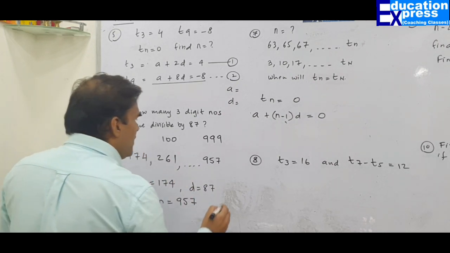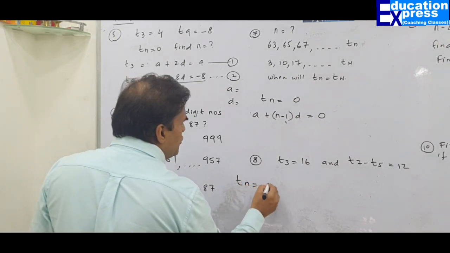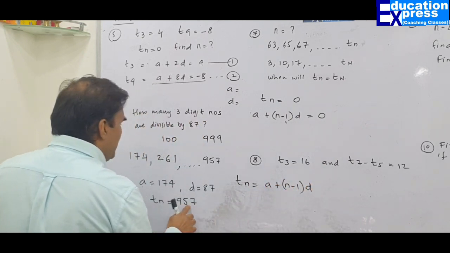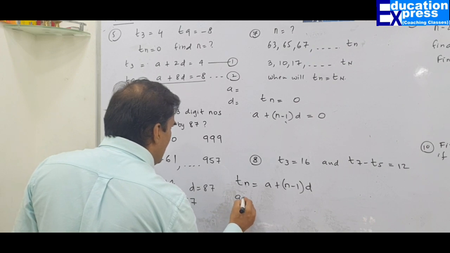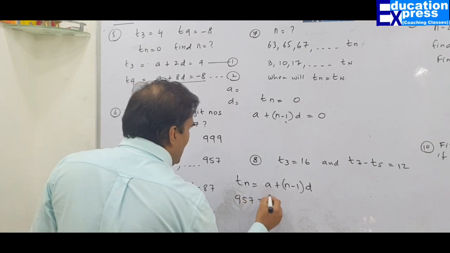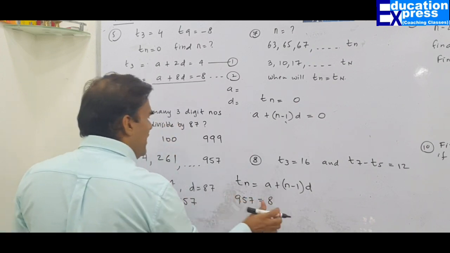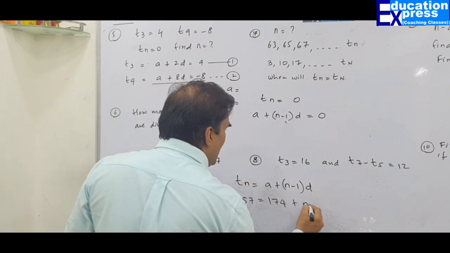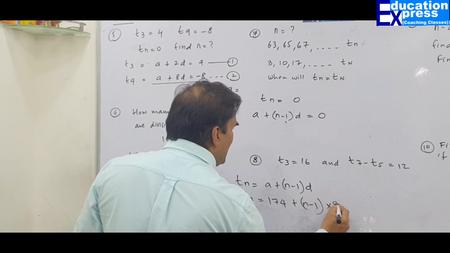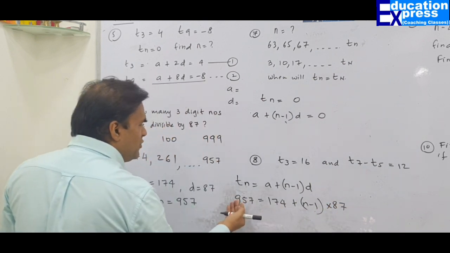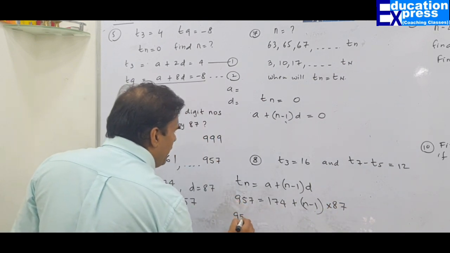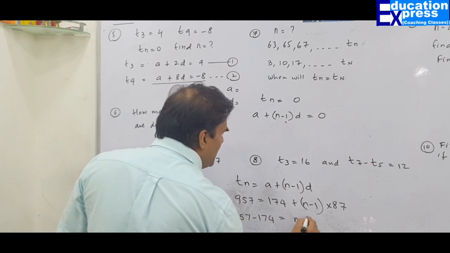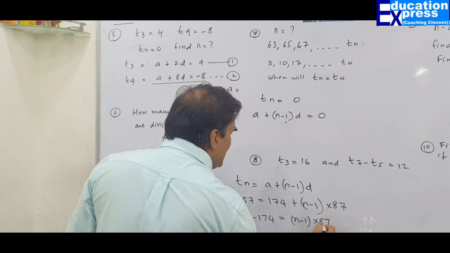How do we find it? Tn equals a plus n minus 1 into d. Tn is given as 957, and a is 174. So 957 equals 174 plus n minus 1 into 87. I am shifting this to the other side: 957 minus 174 would be n minus 1 multiplied by 87.